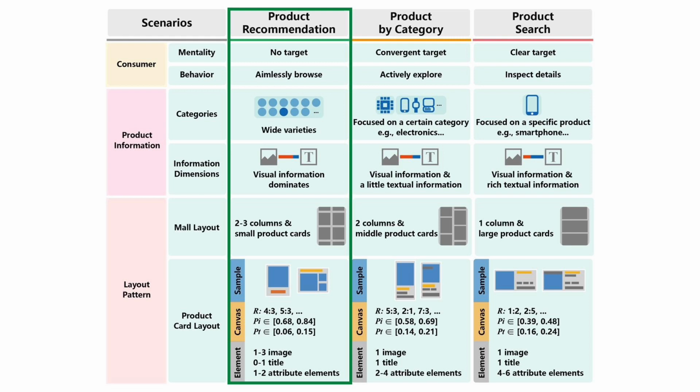Externalized to the layout pattern, the mall layout in this scenario usually adopts many small product cards and arranges them in 2 or 3 columns. The design of the card layout often chooses a moderate aspect ratio and very few attribute elements, but the image area accounts for a large proportion to attract consumers.